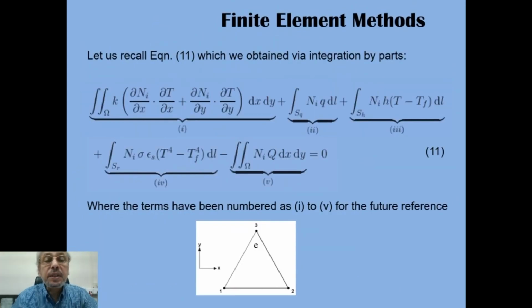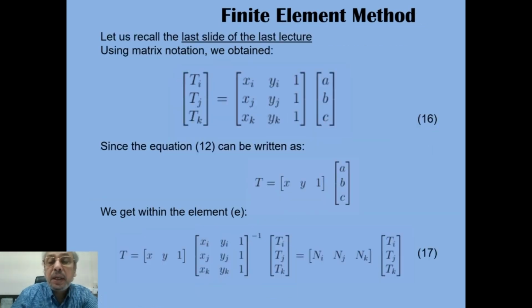So this was equation 11 which we are evaluating, and the first term has already been evaluated. The second, third, fourth terms we'll evaluate a little later, but evaluating the fifth term is very easy. That is why we are taking it up today.